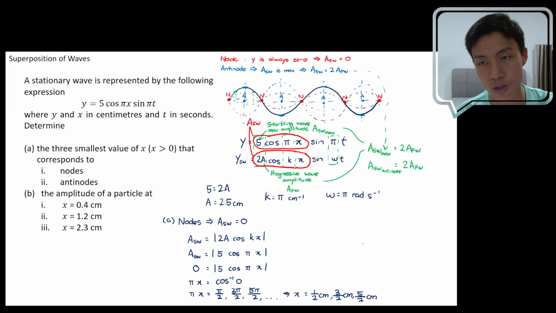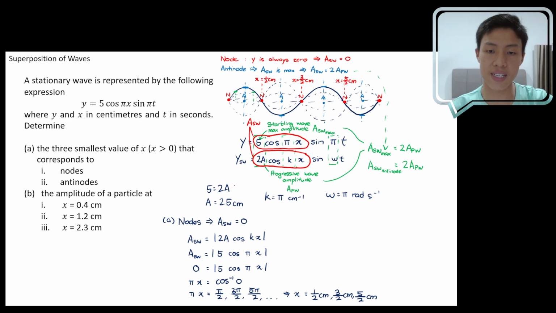So these are the 3 smallest values that correspond to nodes. So over here, x is equal to half a cm. Over here, x is equal to 3 over 2 cm. Over here, x is equal to 5 over 2 cm.